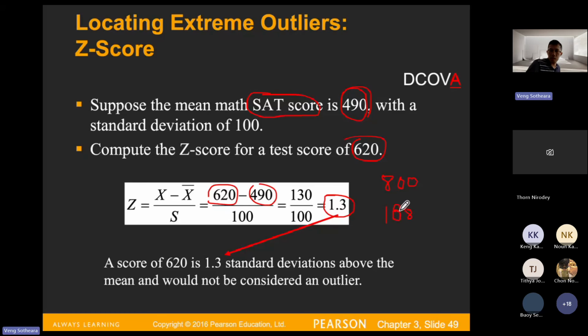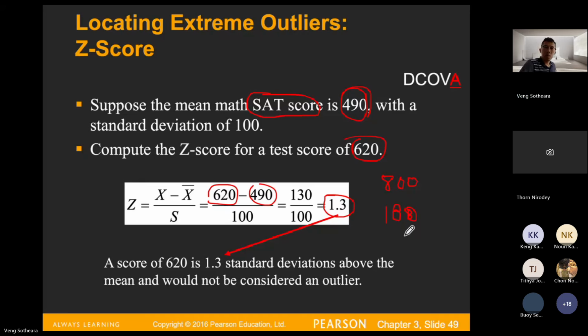Okay, 180. So what is the z-score for this value? Minus 3.1. Okay, yes, that's great.